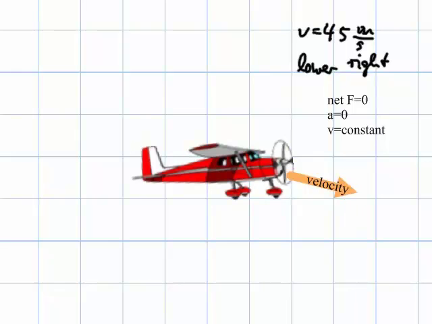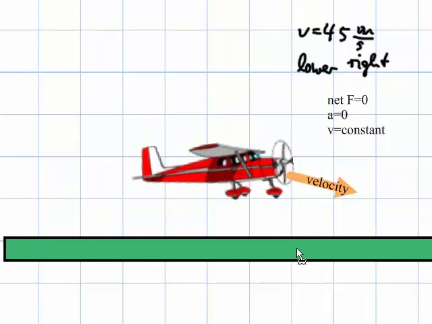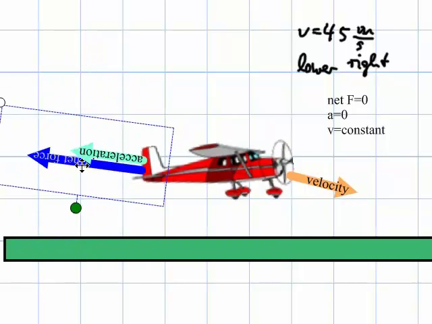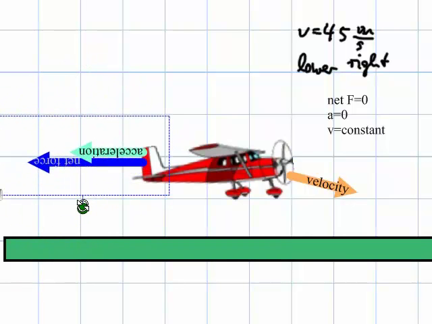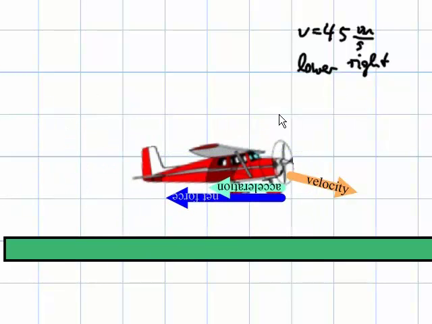Now she's going to see the runway. So the runway is going to come into the picture here. She may want to slow down before she gets there, so she reduces the thrust, and that will reduce her velocity in the horizontal.